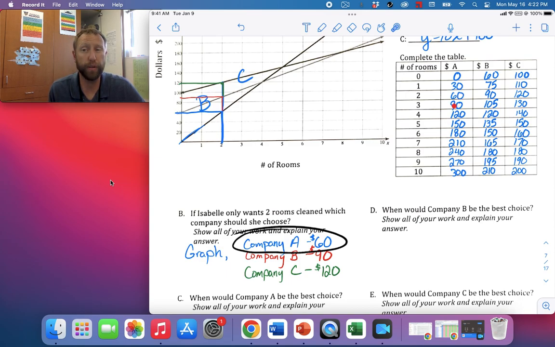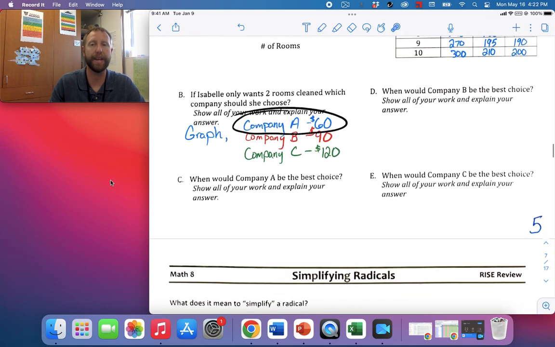For 3 rooms, company A is still cheaper. 90, 105, and 130. And for 4 rooms, company A is at 120, company B is at 120, company C is at 140. So at 4 rooms, it's still the cheapest. It's tied for the cheapest, but it's still the cheapest. So anywhere from 1 to 4 rooms, I would use company A.